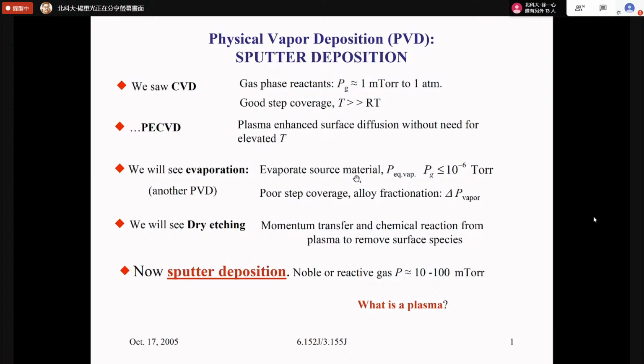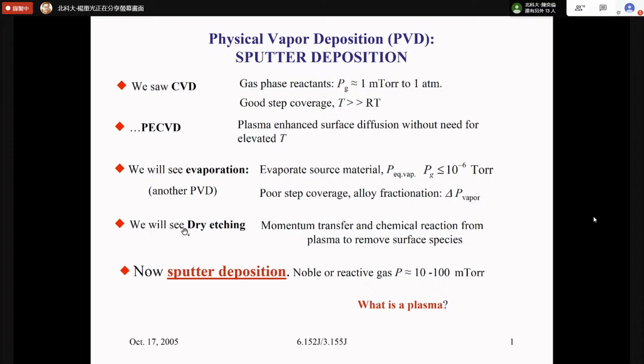So we will see the evaporation, which is evaporating source material. Sometimes we make the pressure less than 10 to the minus 6 torr. And of course, in this condition, with very high vacuum or very low pressure, the step coverage is poor.